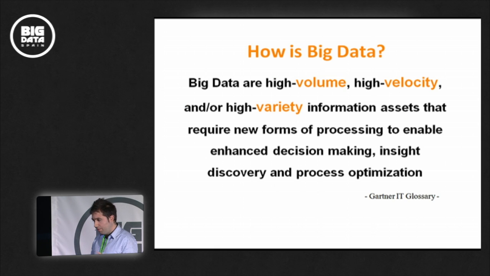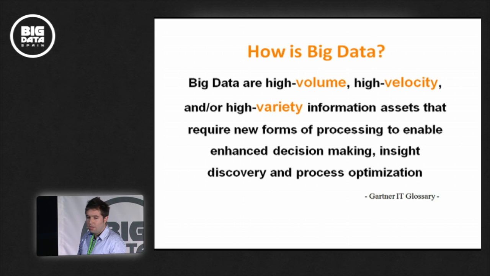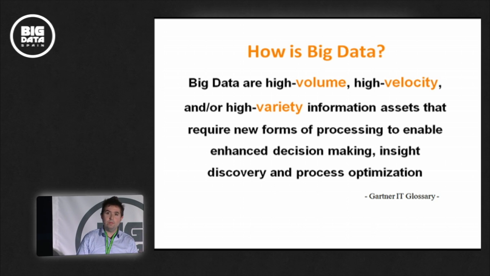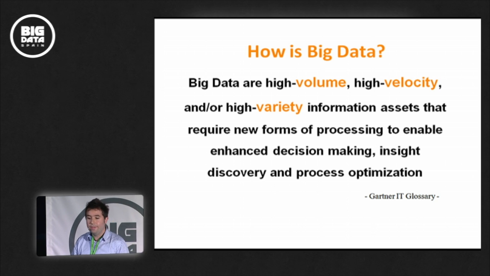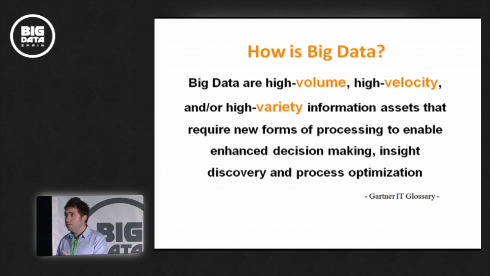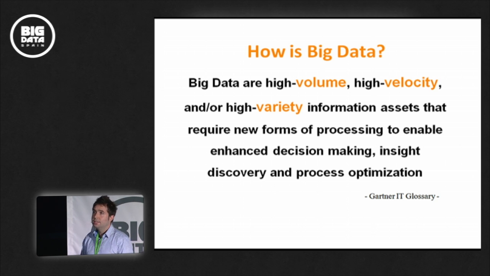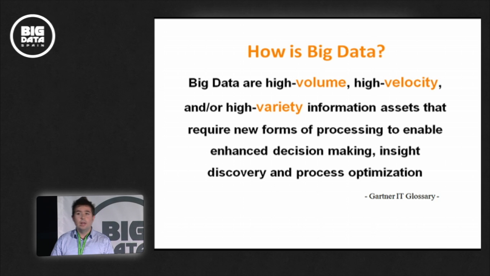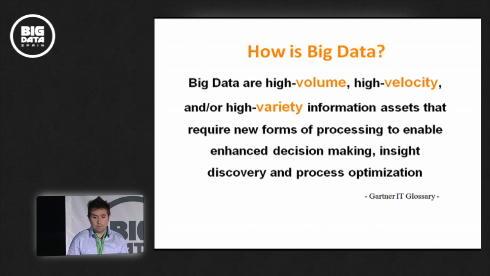And we say that this kind of software cannot manage the information due to one of these 3 popular features: volume, which refers to the huge amount of data that we now have to deal with; velocity, which refers not only to the frequency of the data generation, but also to the need to achieve results with low latency in real time; and variety, which refers to the different sources and data types that we are now using.